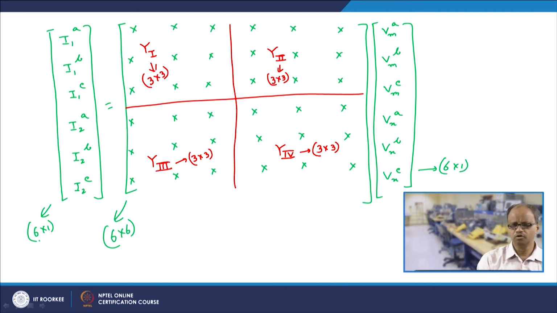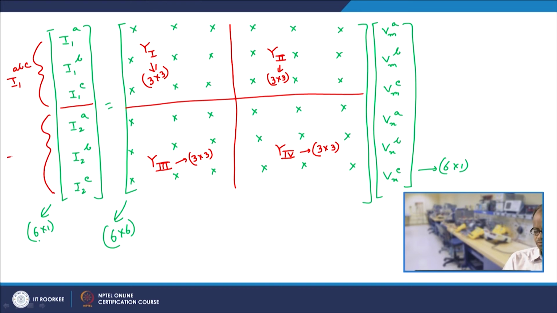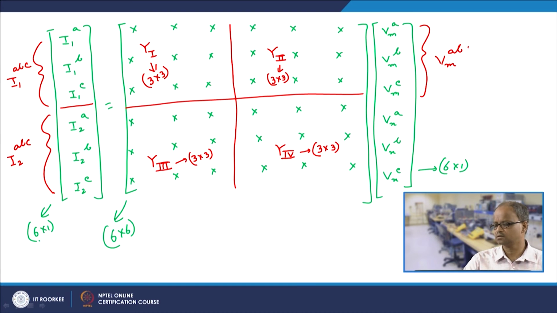So then, as we said, this is I1 ABC, this is I2 ABC, this is Vm ABC, and this is Vn ABC.